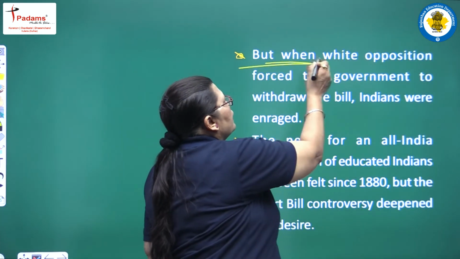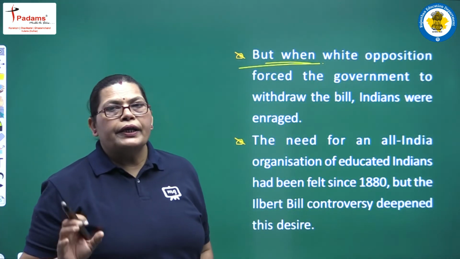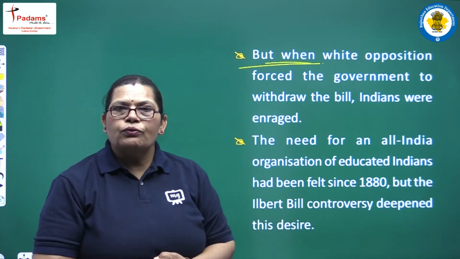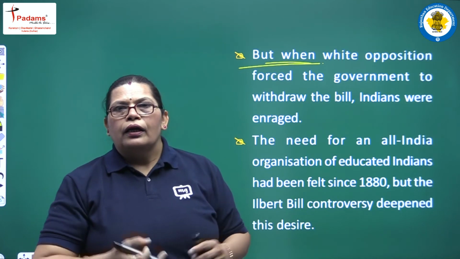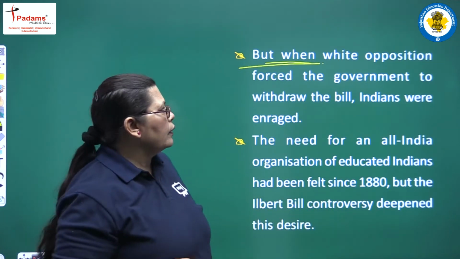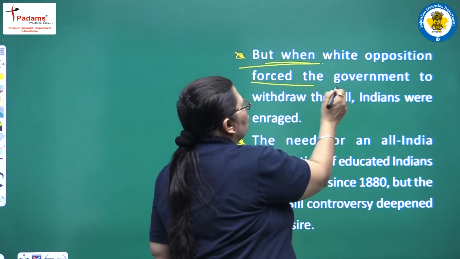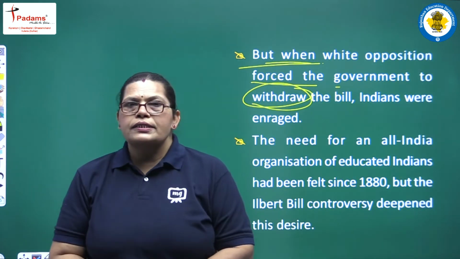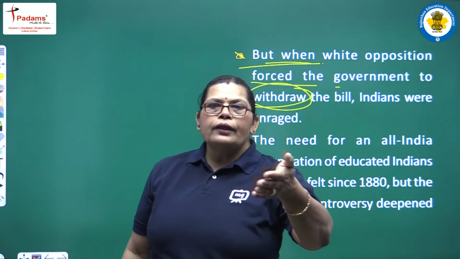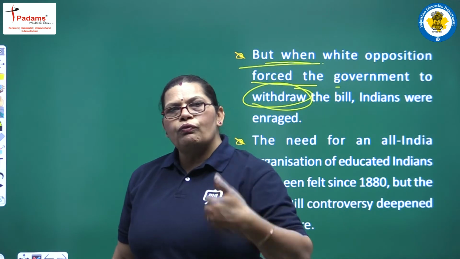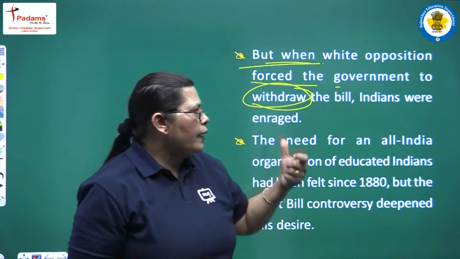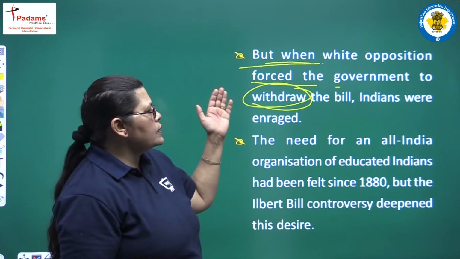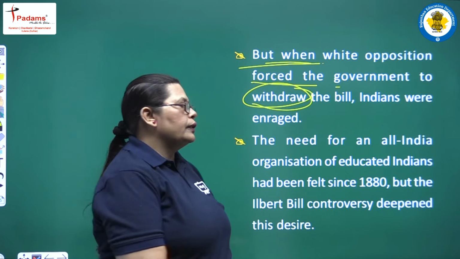And see, but when white opposition, white meaning Britishers, they were white in color. At present they are also white, but it's not important, the color is not the main thing here. But when white opposition forced the government to withdraw the bill, Indians were enraged. जैसे ही अंग्रेज़ों ने कहा कि यह तो बिल गलत है, आपको इस बिल को विड्रॉ कर लेना चाहिए, on that time our Indians were also enraged, with their views that no, this will not happen in this way.